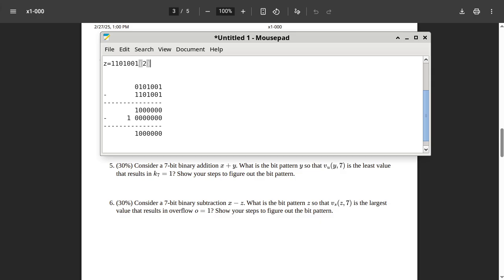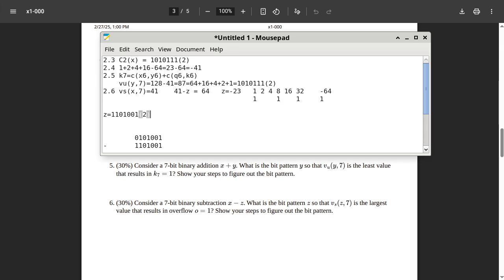Since I only need to exceed 63 by 1, that's just 64. So that's how I derived the equation up here: I need 41 minus z to be exactly 64, because 64 is the first positive value that exceeds the range of a 7-bit signed interpretation.